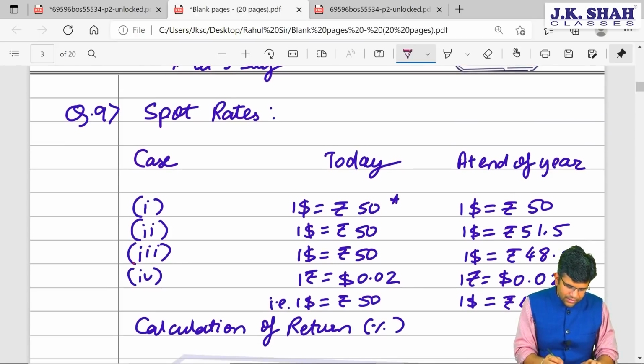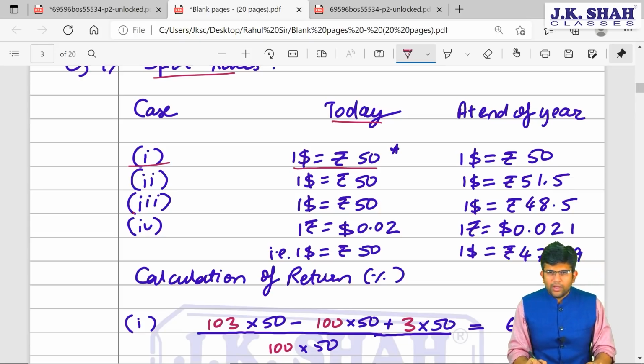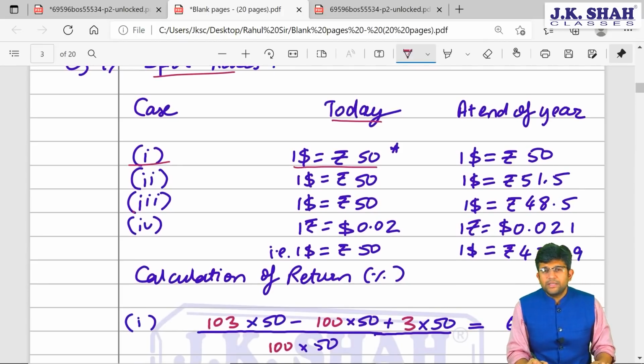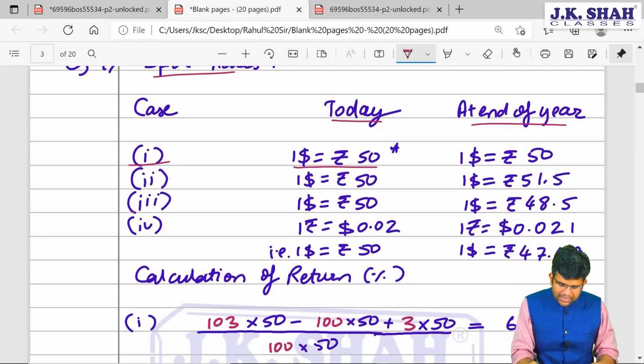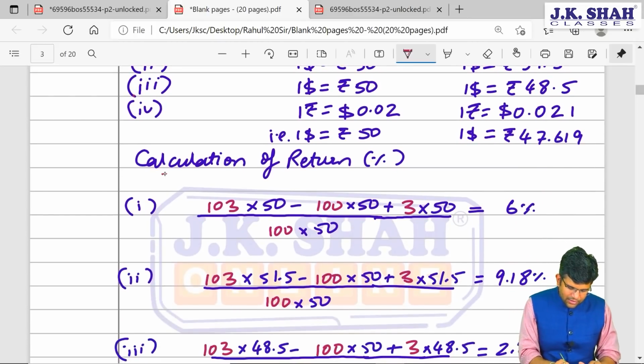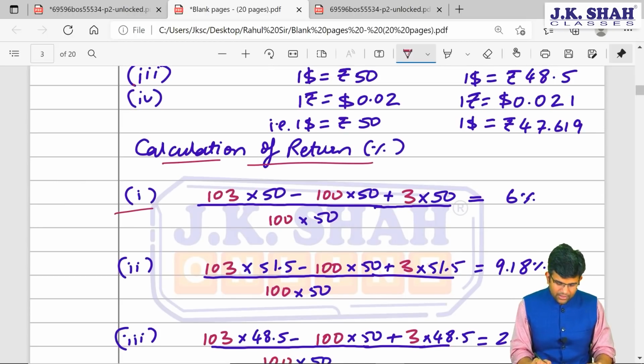So students, this is the solution. Spot rates today, in case 1, of course, $1 equal to rupees 50 is an assumption. In case 1, since the US dollar remains flat, do you realize that at end of year 1, US dollar will continue to remain rupees 50. So students, do you therefore understand that his calculation of return for the first year will be, now children, what you see in red are the dollars, correct? $103 at the end, $100 invested today.